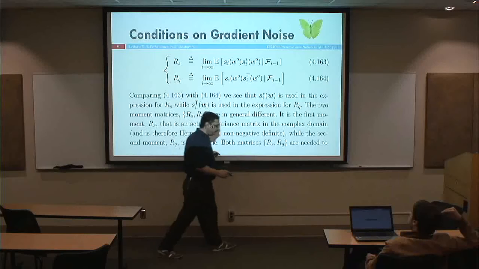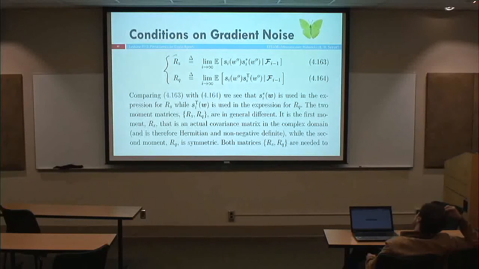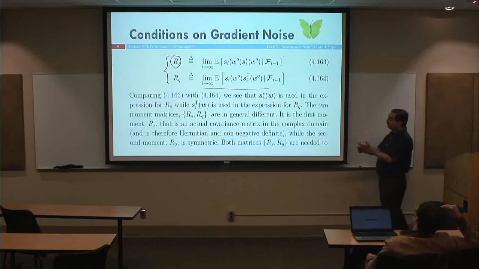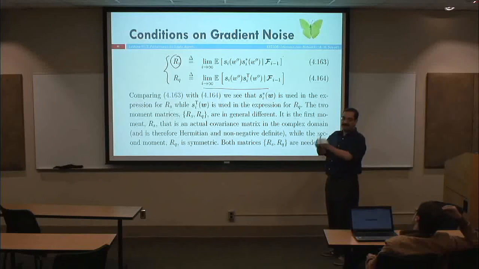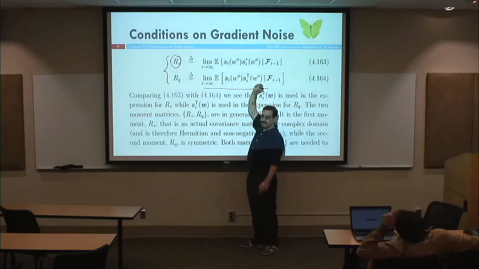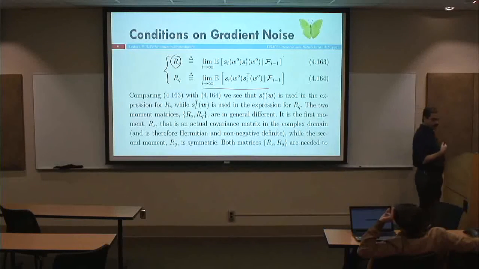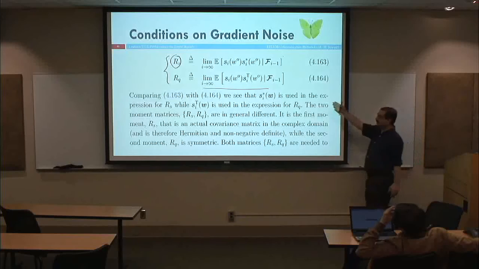Even in the real case, RS was this limit, but I'm still going to use RS. In the real and in the complex case, I'm going to use RS to denote the actual covariance, whether it is defined with transpose or star. RS is the actual covariance, and RQ is the supporting second-order moment that you have here.